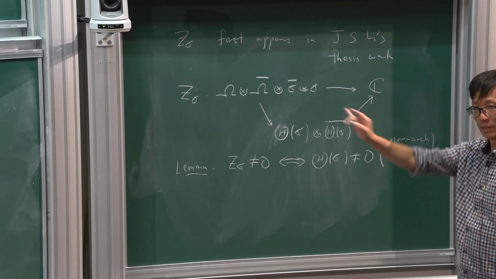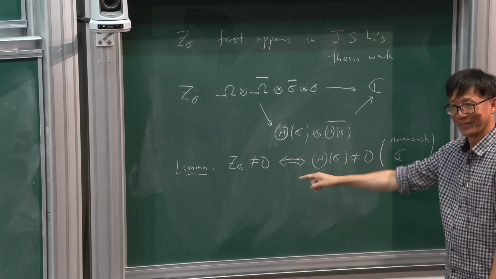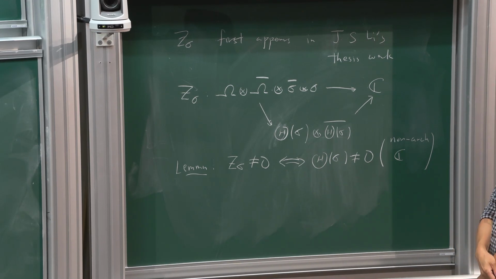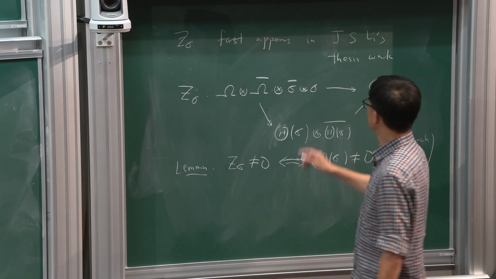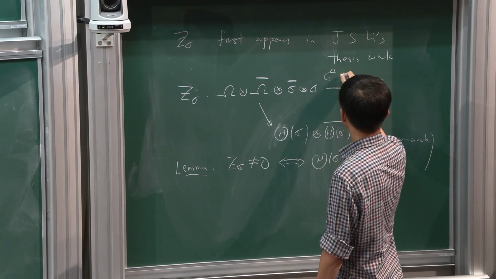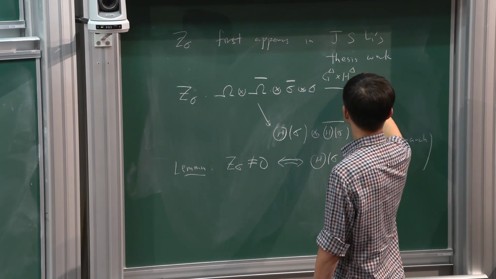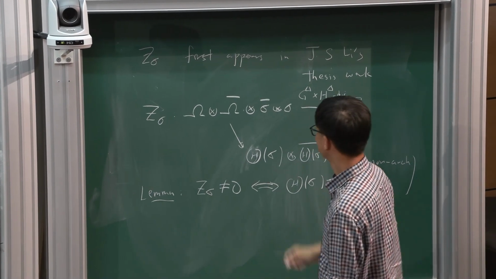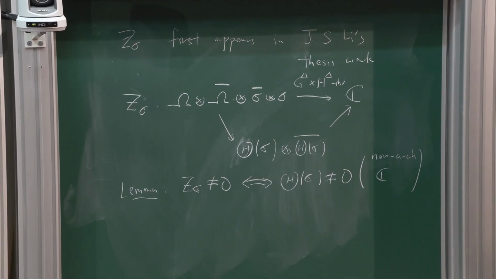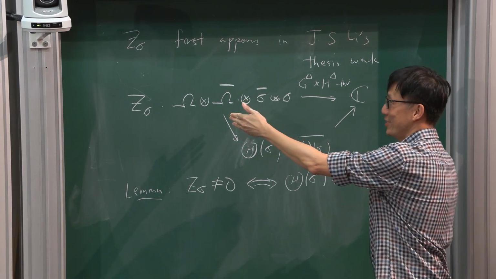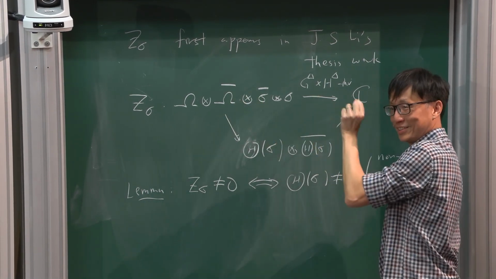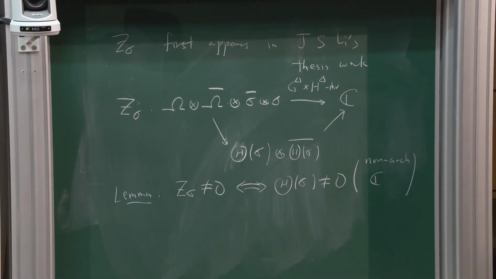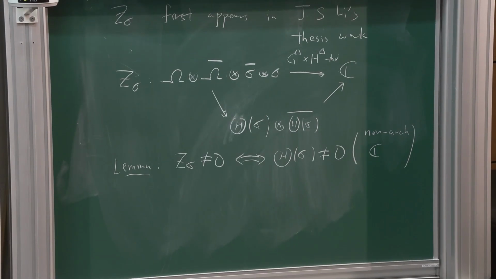But I'm sticking to the non-Archimedean case, so let's assume we know this. It's only G cross H invariant, not more. Sorry, you're right. This is G diagonal cross H diagonal invariant. I mean, there's a G cross G and H cross H action here, but I'm taking the diagonal copy. Thank you. All right.